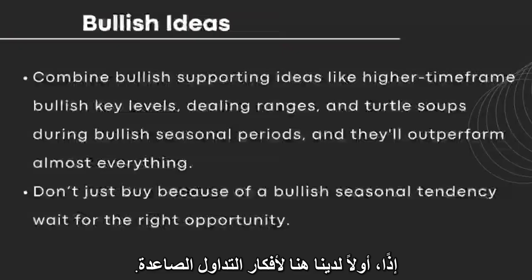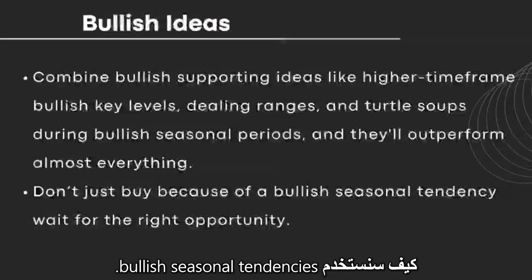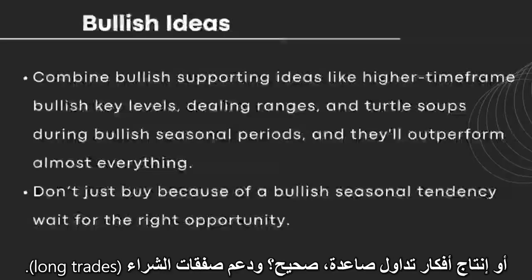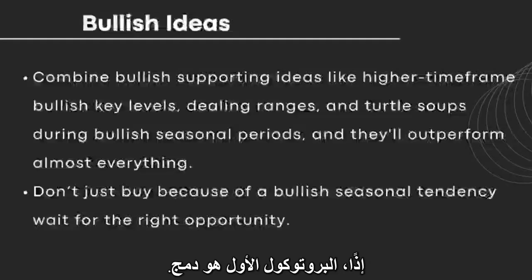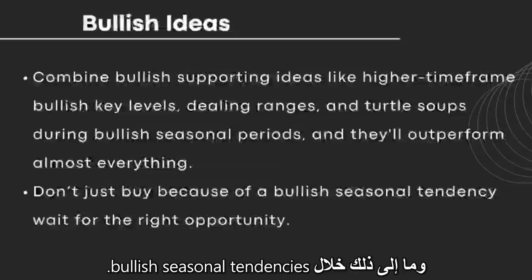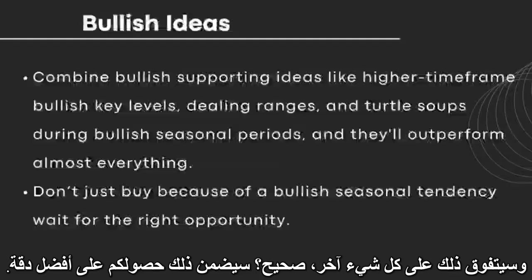So the first one we've got right here is for bullish trading ideas, right? We're going to discuss how we can use bullish seasonal or historic tendencies to produce bullish trading ideas and support our long trades. So the first protocol is to combine bullish supporting ideas like higher time frame key levels, dealing ranges, market profiles, and so on during bullish seasonal tendencies, and it will outperform everything else.